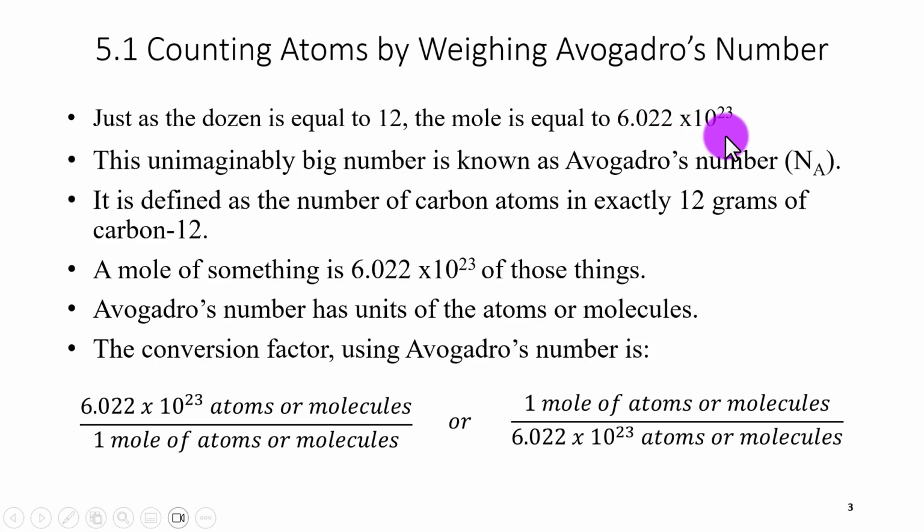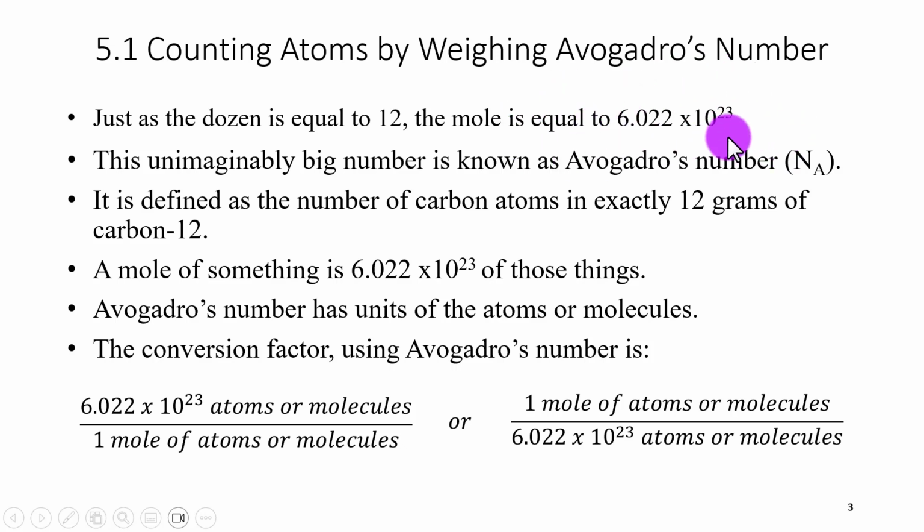And these could be atoms, they could be molecules, they could be donuts, they could be whatever. So it doesn't really matter what I'm measuring. The mole is equal to this many individual pieces. Just like the dozen is equal to 12, the mole is equal to 6.022 times 10 to the 23rd.